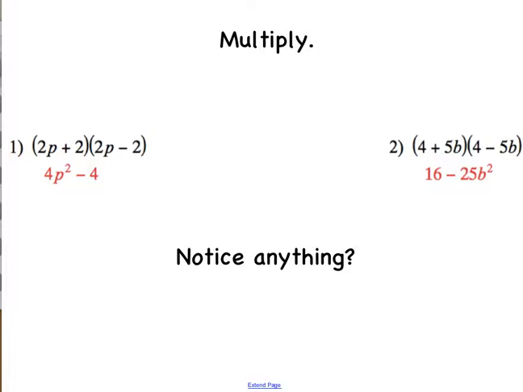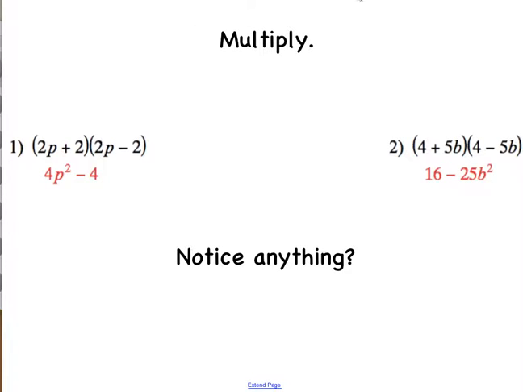Now, I did this very intentionally. Did you notice something happened? I have no middle term in each of these. It's kind of nice. It was 2p plus 2 times 2p minus 2. Over here it was 4 plus 5b times 4 minus 5b.